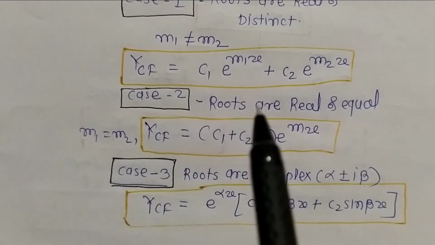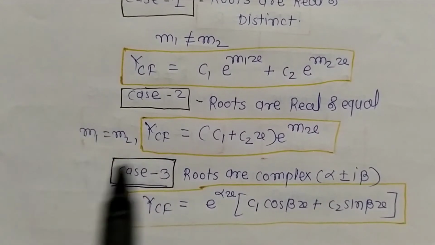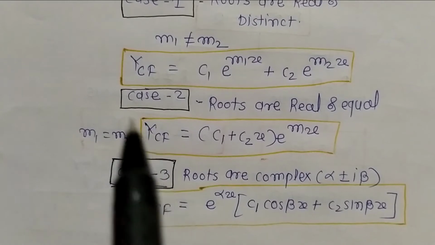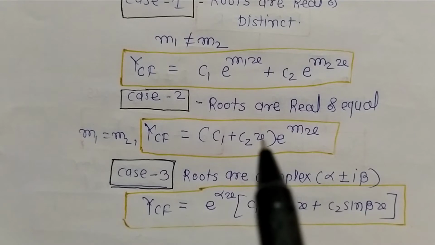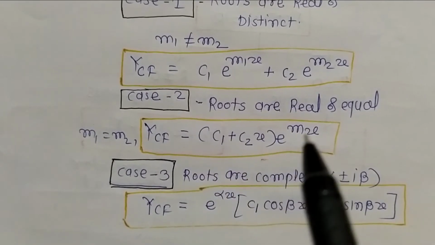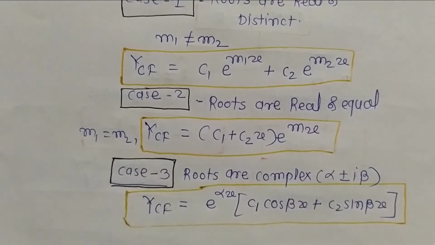Case second, when roots are real and equal, that is m1 and m2 both are real but m1 is equal to m2, then the solution of this differential equation is (c1 plus c2 x) times e^(mx). This is the solution when roots are real and equal.